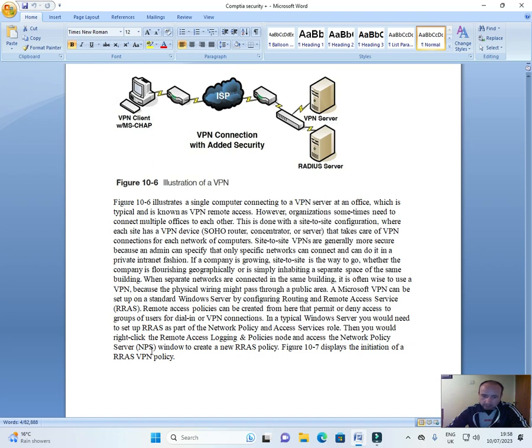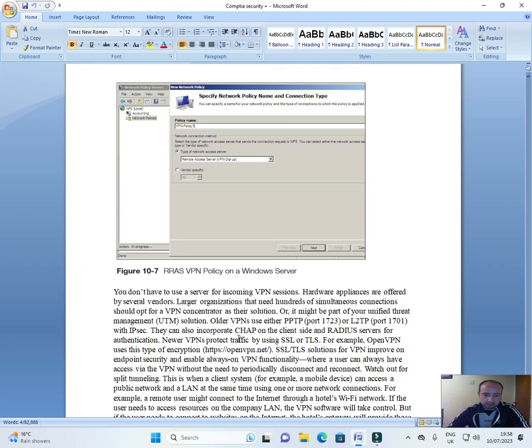Then you would right-click the Remote Access Logging and Policies node and access the Network Policy Server, NPS, window to create a new RRAS policy. Figure 10.7 displays the initiation of the RRAS VPN policy.